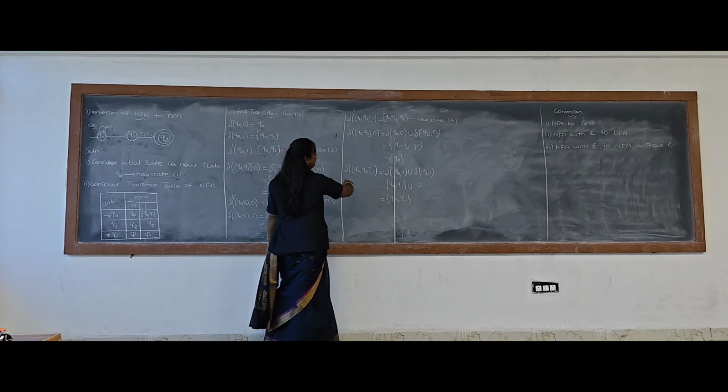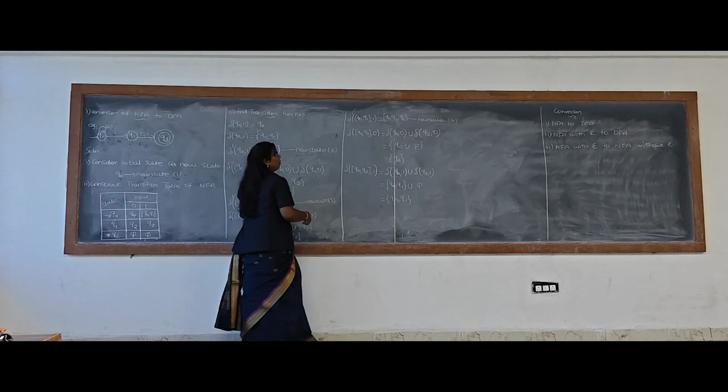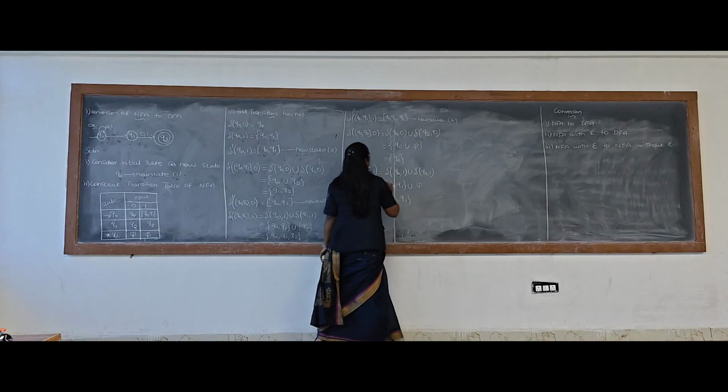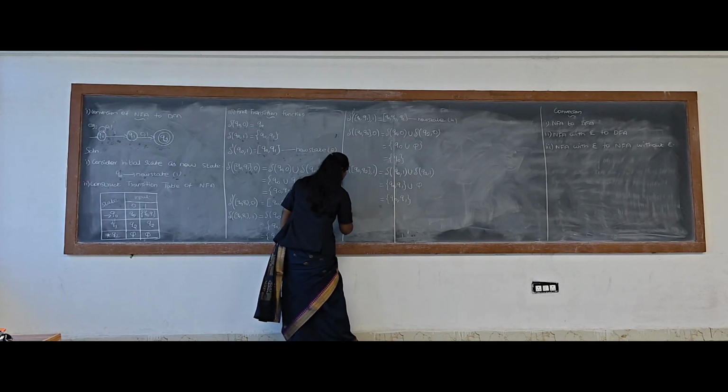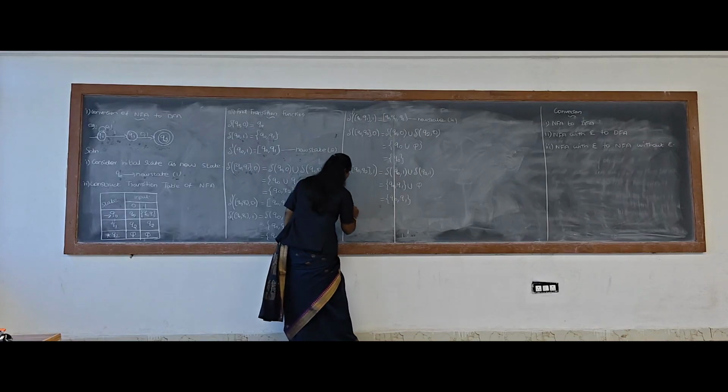q0 q2. Now we have to find the transition function for this new state 4. The new state 4 means q0 q1 q2, right? So q0 q1 q2 comma 0.